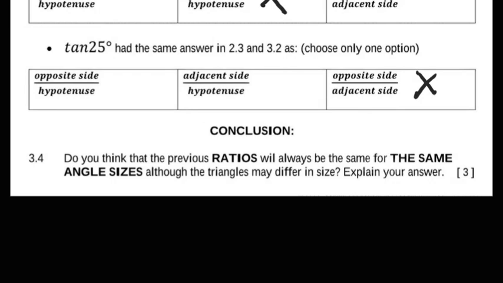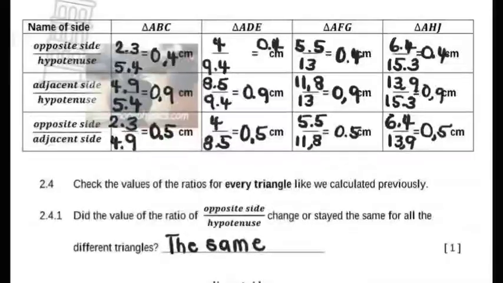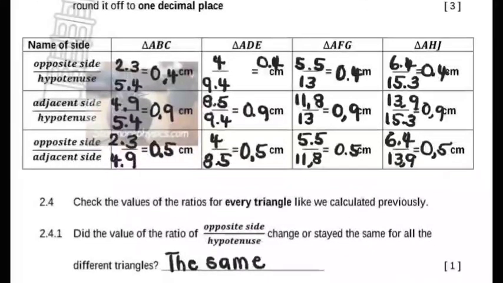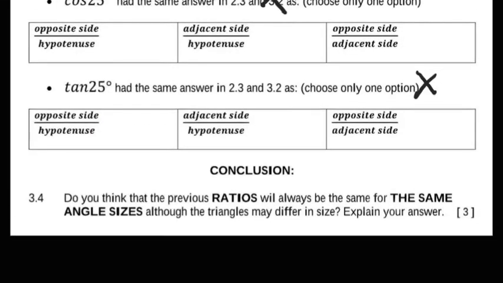Will it always be the case when we have similar triangles that the trig ratios will have the same answers? Like when we looked at table 2.3, we noticed that they all had the same opposite over hypotenuse. They all had the same adjacent over hypotenuse. They all had the same opposite over adjacent. So that's what they're asking you.